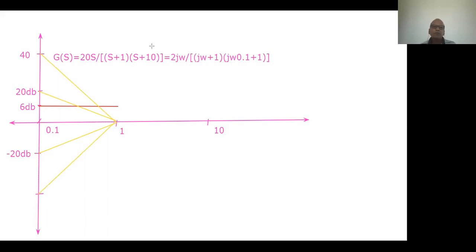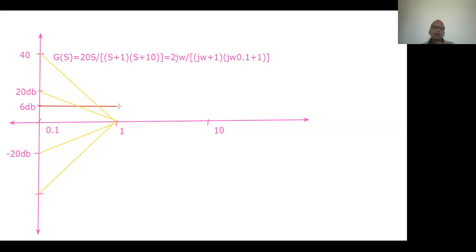Then draw a line going in the upward direction, plus 20 dB per decade. That is, 2 times j omega is a straight line with a slope equal to plus 20 dB per decade passing through the magnitude equal to 20 log 2, which is 6 dB. Here is the line.